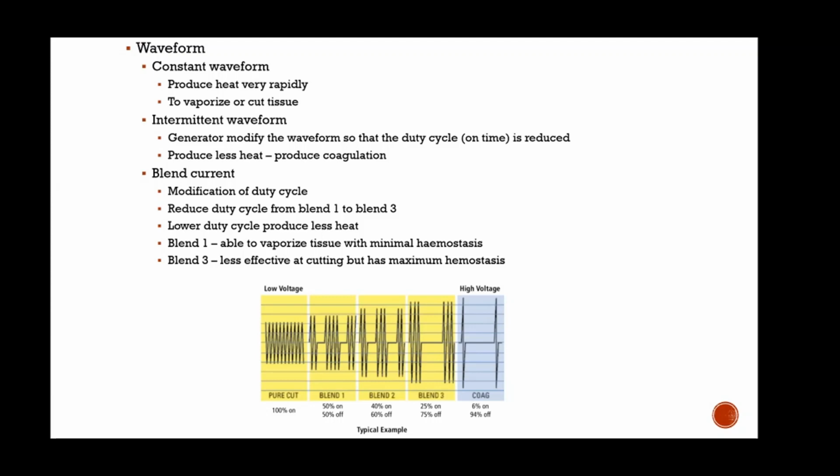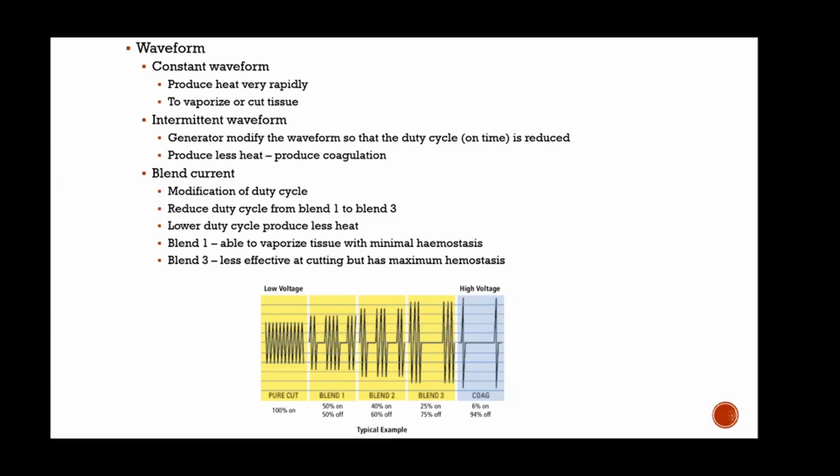The purpose is to vaporize or cut the tissue. For the intermittent waveform, as you see at the right corner of the picture, the generator modifies the waveform so that the duty cycle, or the on time, is reduced. You have periods of interruption without any waveform, so it produces less heat. The purpose is to produce coagulation.